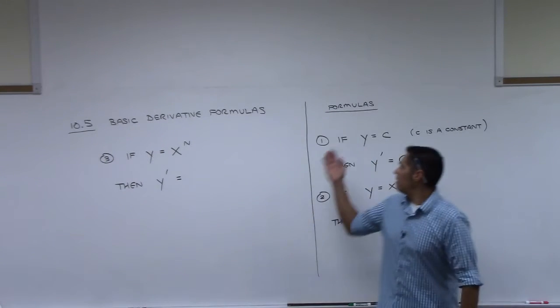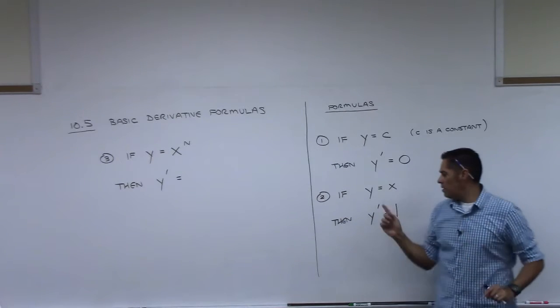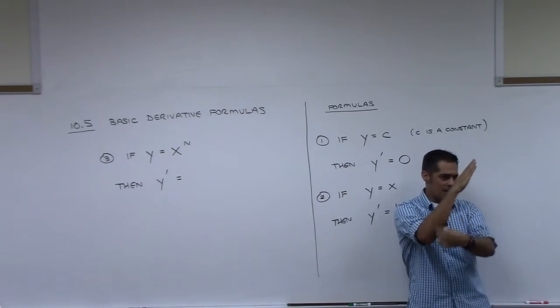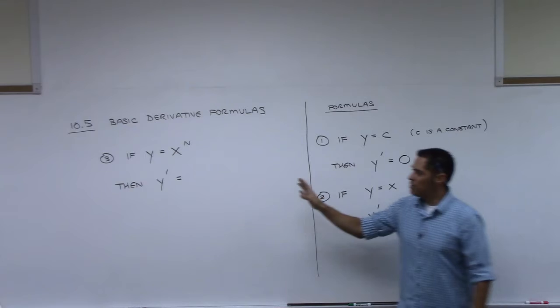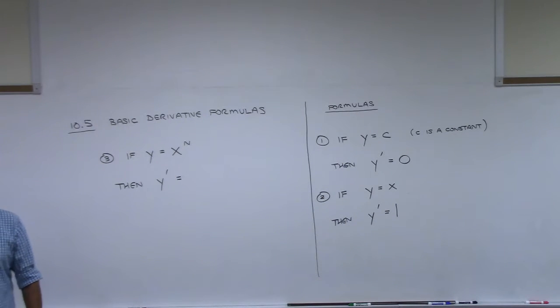This one, I tried to convince you by saying flat line, slope is 0. And on this one, I tried to convince you by showing you a diagonal, the slope is 1. On this one, you have to take it on faith, okay? I'm just going to give you the formula.